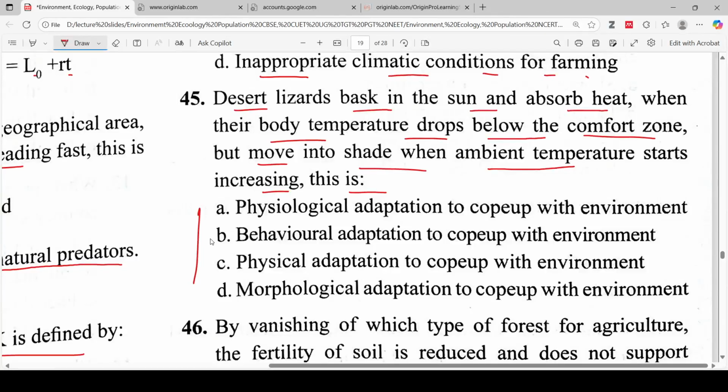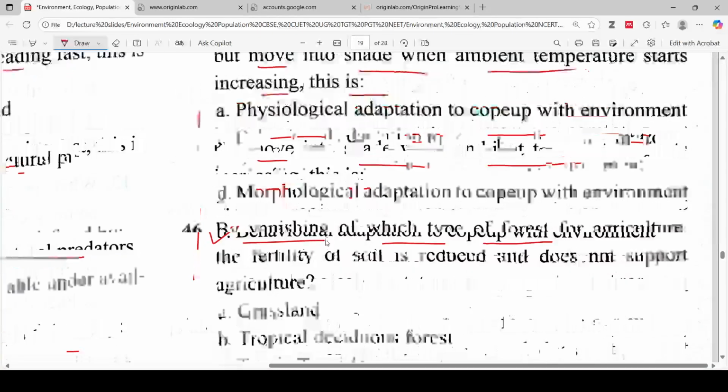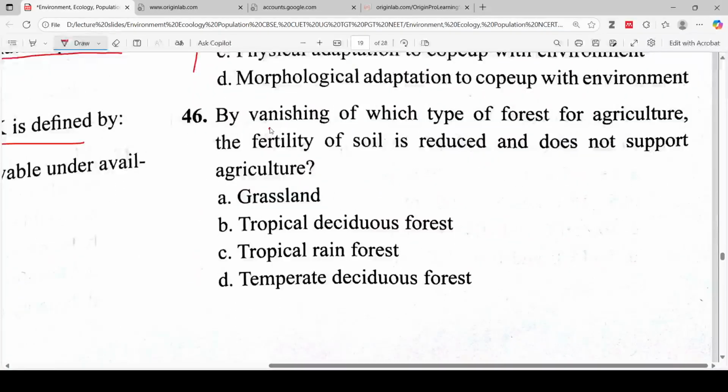The correct answer will be option B, behavioral adaptation to cope with the environment. So next question. By vanishing of which type of forest for agriculture, the fertility of the soil is reduced and does not support agriculture. So the correct answer is option C.